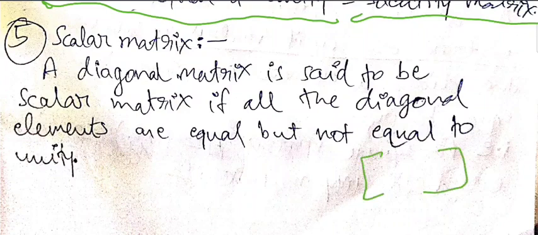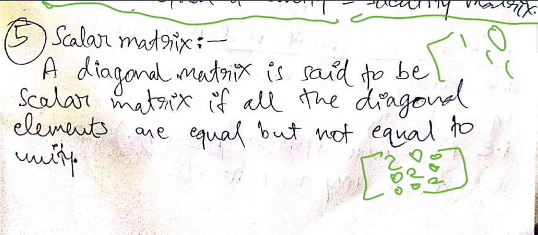It is quite obvious now that suppose I have a matrix of this kind, and all the diagonal elements are equal, 2, 2 and 2, with 0s elsewhere. So all the diagonal elements are equal but not equal to unity. If they were equal to unity, it would be an identity matrix, so that's why not equal to unity.